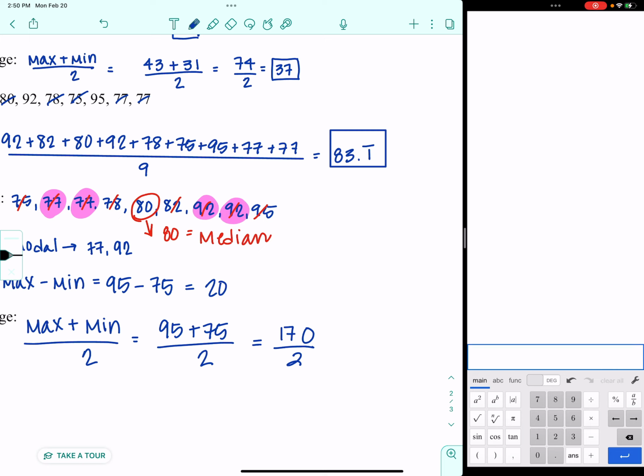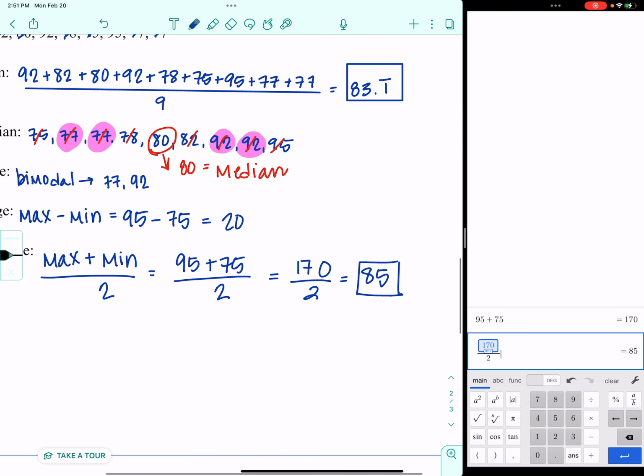I'm going to double check my math. Yep. So 85 is my mid-range. I guess I could go back and put some boxes around my answers so you guys can see where things are coming from.